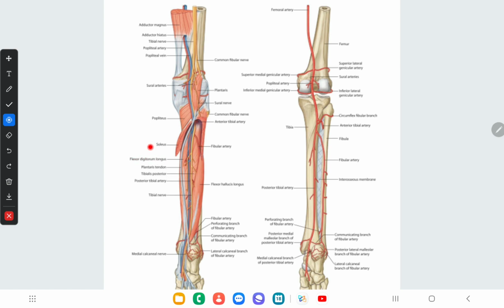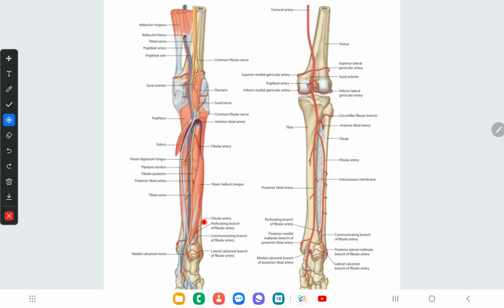That means this neurovascular bundle lies in between second and third muscle layers of the posterior compartment of the leg. I discuss here the posterior compartment. The nerve of the posterior compartment of the leg is the tibial nerve.